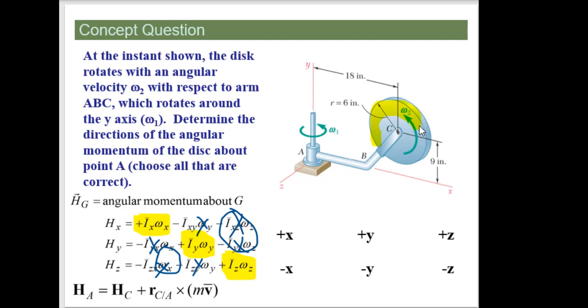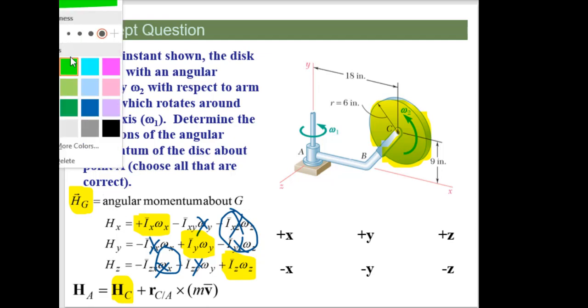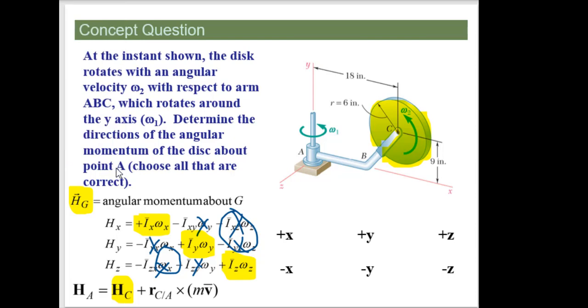So we're only worried about the angular momentum of the disk here, not the arm, not everything else. It's additive, so if we wanted some other pieces to it, we could do that, but we're just worried about the angular momentum of this disk. We're going to first figure out what it is around the center, but then we don't want it around the center, we want it around point A. So if I get it around point A instead of the center, that means I'm going to have to add this other chunk to it, r cross mv.